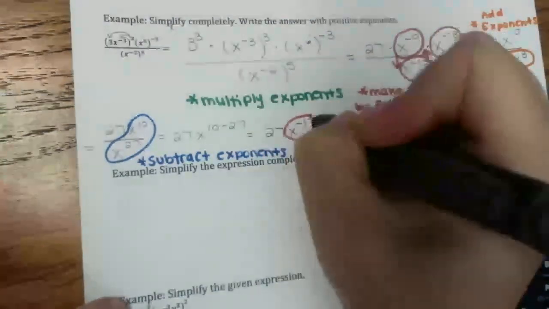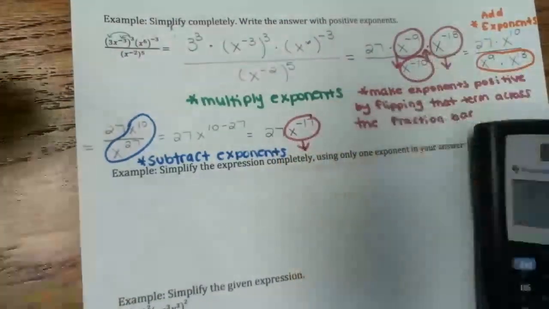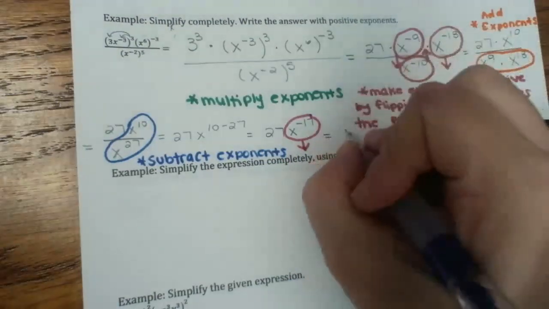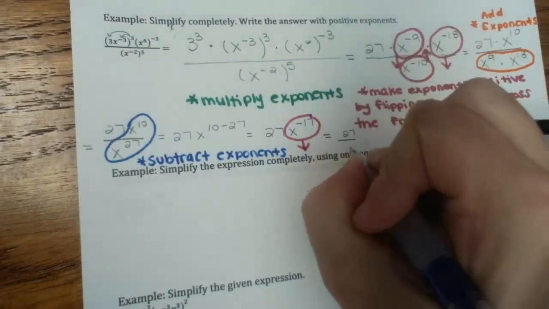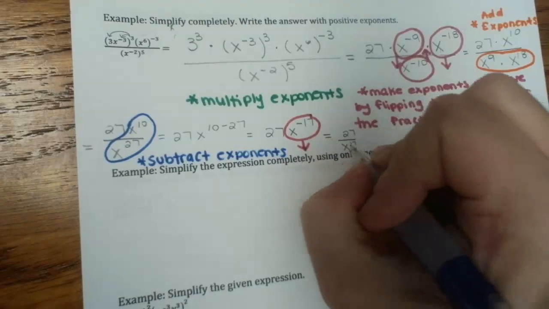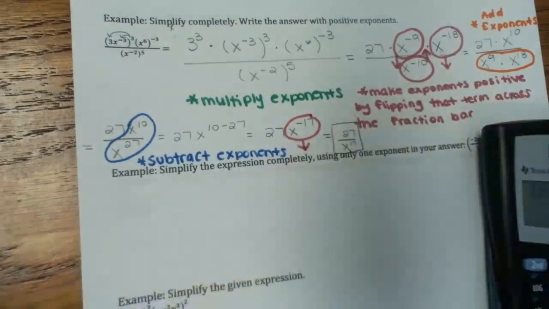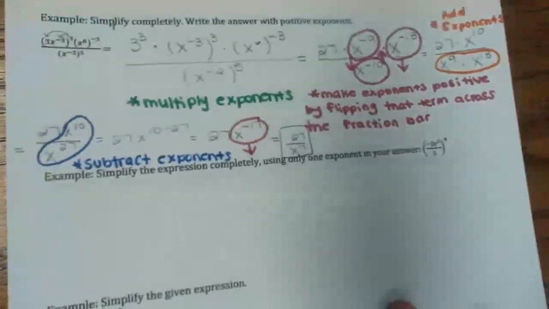It's on the top, so that means we need to flip it down to the bottom of the fraction to make it positive. So that 27 is just staying by itself, divided by x to the 17th power. Flip down to the bottom, so that exponent became positive. Done. So our answer is 27 divided by x to the 17th power. Pretty intense.